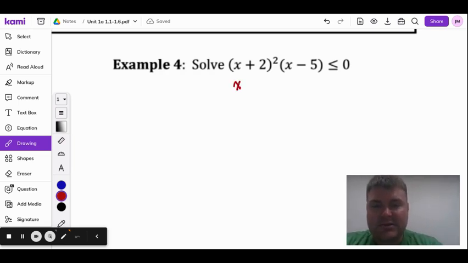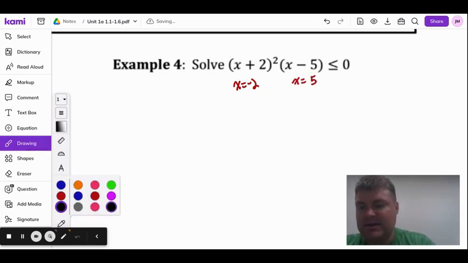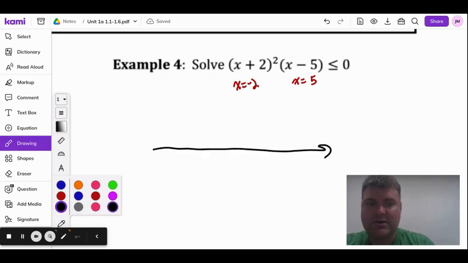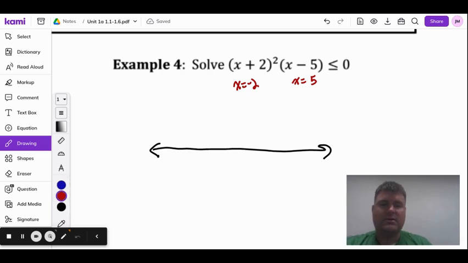We're going to get x equals -2. We're going to get x equals 5. Those are my 2 roots that I'm going to draw on my handy-dandy number line. Okay, at -2, I'm going to write a B, which stands for bounce. And at 5, I have a cut because -2 has a multiplicity of 2, and 5 has a multiplicity of 1.